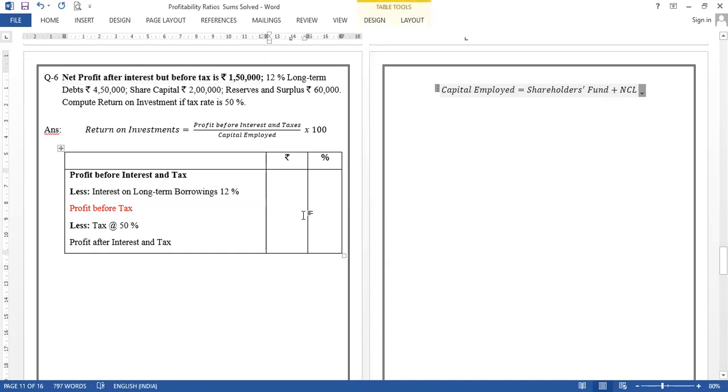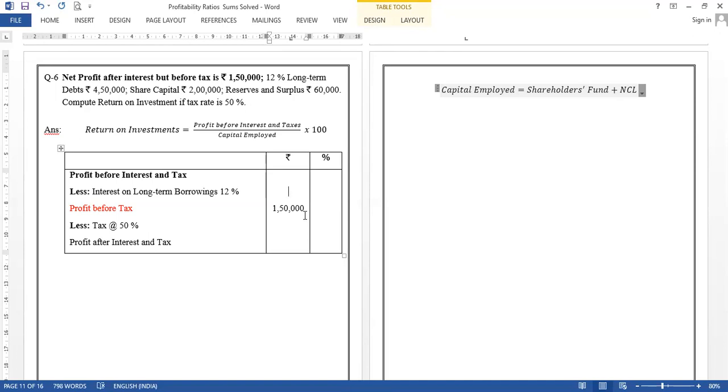So let me place this value over here, 1,50,000 as my profit before tax. Right? Tax has not been deducted, so I'm not going to work anything for the taxes over here. I just need to take care of the interest. Now, how much interest has been deducted to arrive at the profit of 1,50,000?